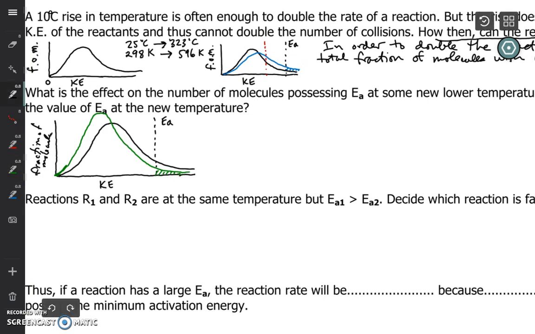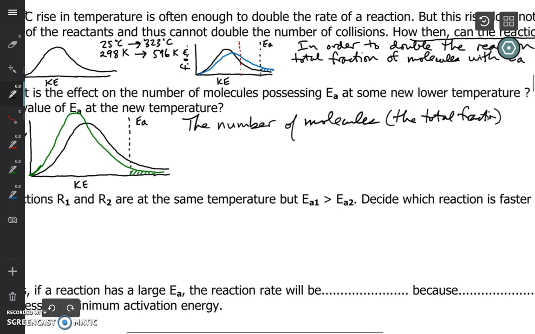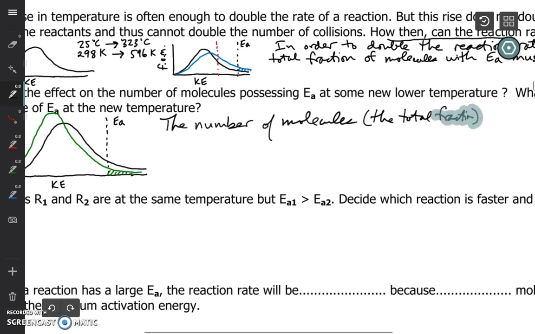So to answer the question, the number of molecules, that is the total fraction of molecules with activation energy or higher, is now lower than before, and therefore the rate of reaction is slower.